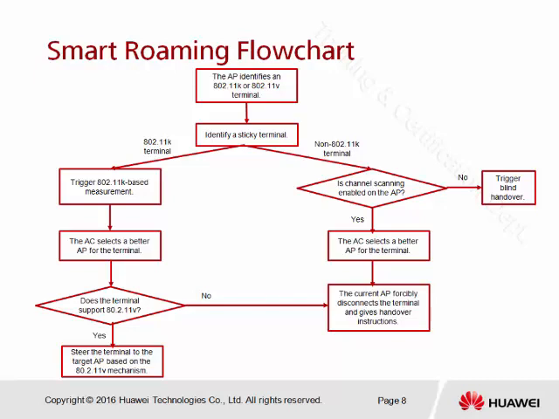Now they know which AP can provide the better signal strength to the client, and they proceed to the next step. Does the terminal support 802.11v or not? This is another standard that must be checked to see whether the terminal can support it.